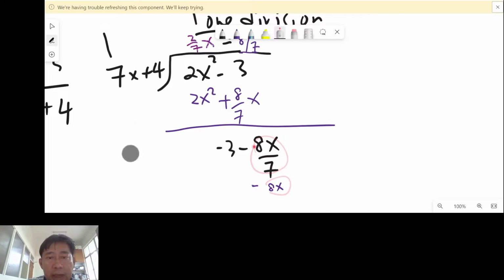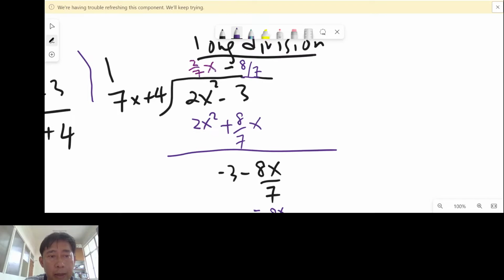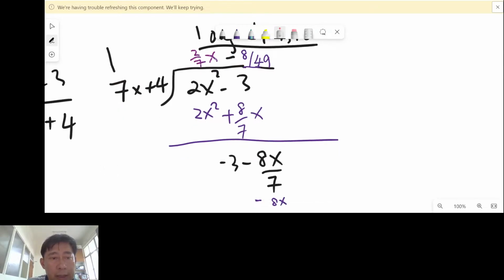So it seems like I have to multiply this by a factor which is not minus 8 over 7 but minus 8 over 49 instead. Okay, I think that is a correct number. So you multiply this with minus 8 over 49, then I should get 8 over 7.